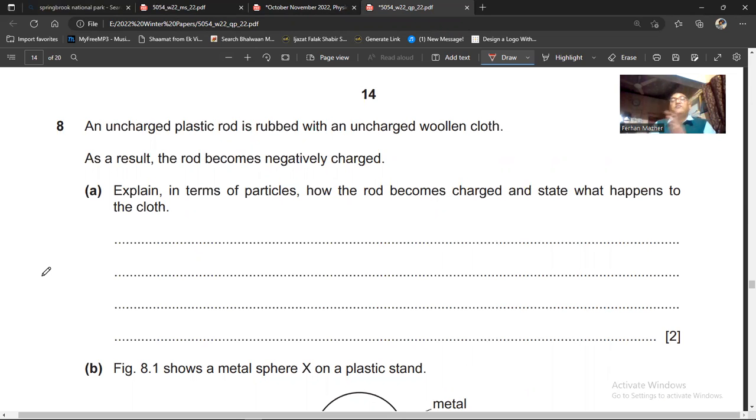You see, when you rub them together, the rod becomes negative. That shows that the electrons from the cloth have been transferred to the rod. That's why the rod is negative. And because the cloth has given its electrons, the cloth will become positively charged.